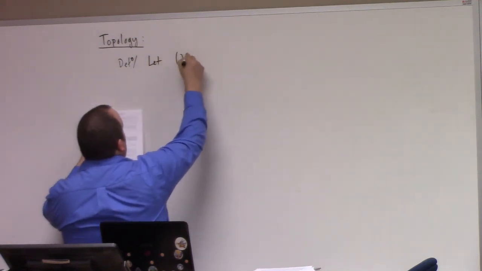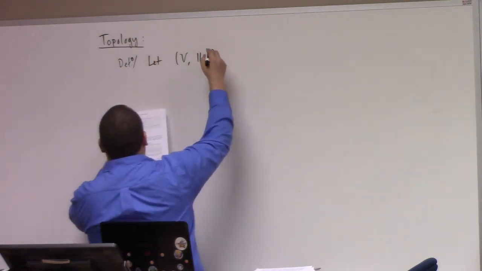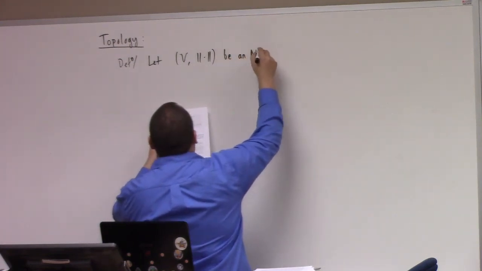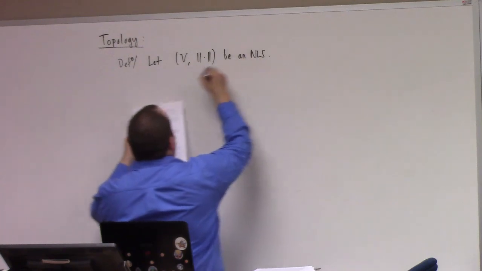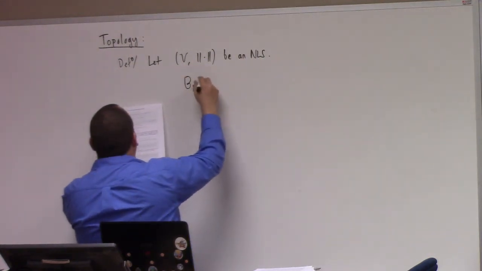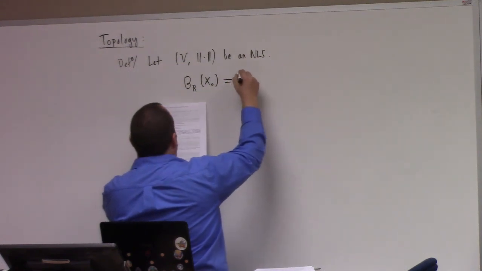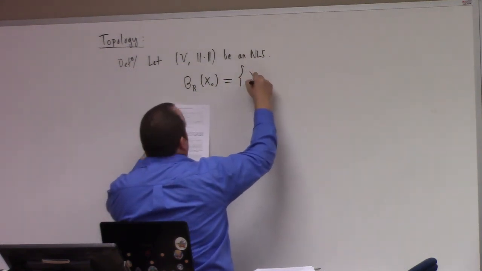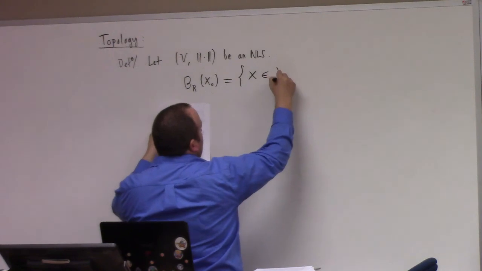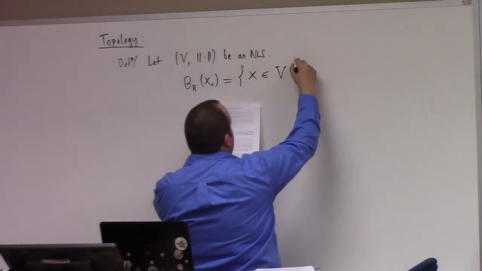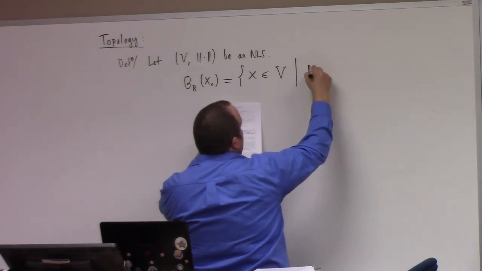Let V be an NLS, then here we go, B sub R of X naught. This notation is probably not standard. Different books have different notation. Here's the notation I'm using. But not for long, because we get away from needing these details as we go on eventually.